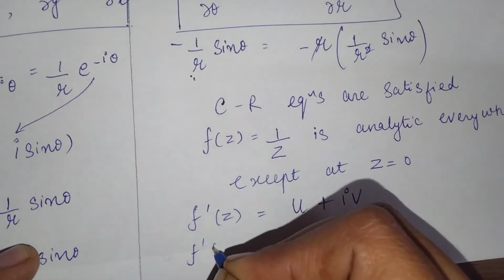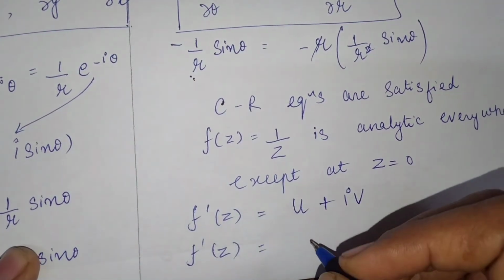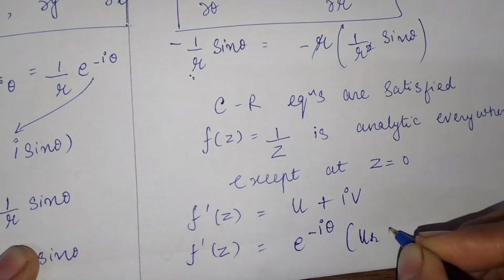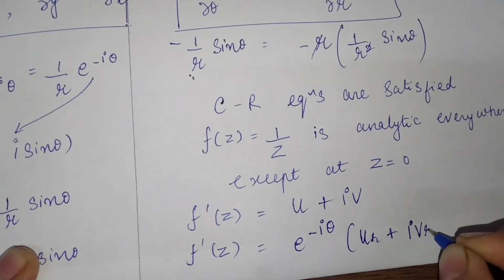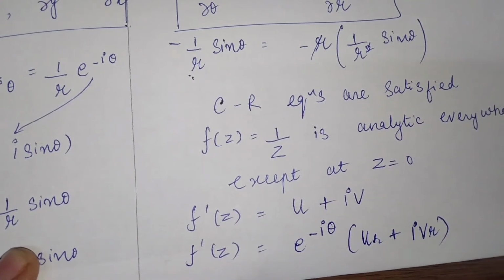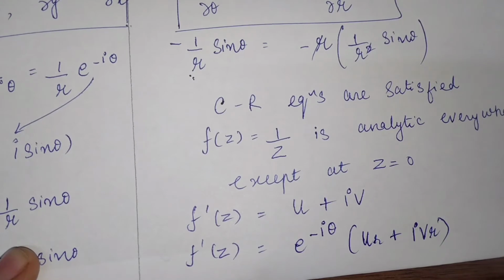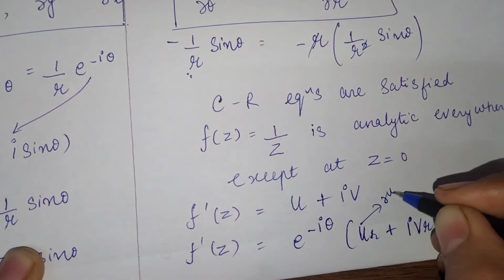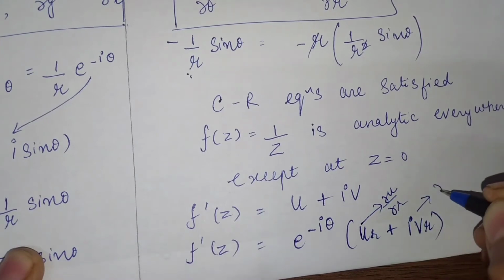But whenever it is in the polar form, its formula is e raised to minus I theta into ur plus ivr. Okay, ur plus ivr. That is, ur means del u by del r and vr means del v by del r.